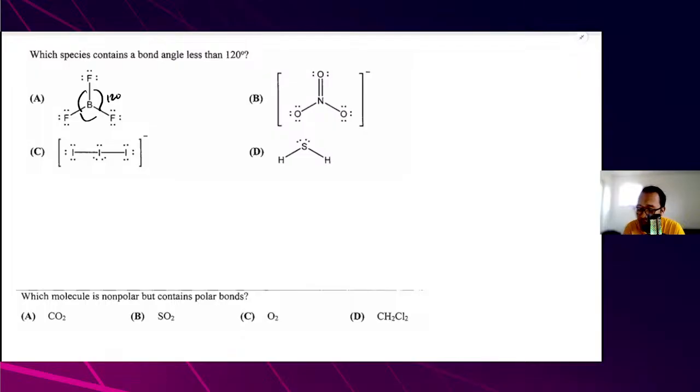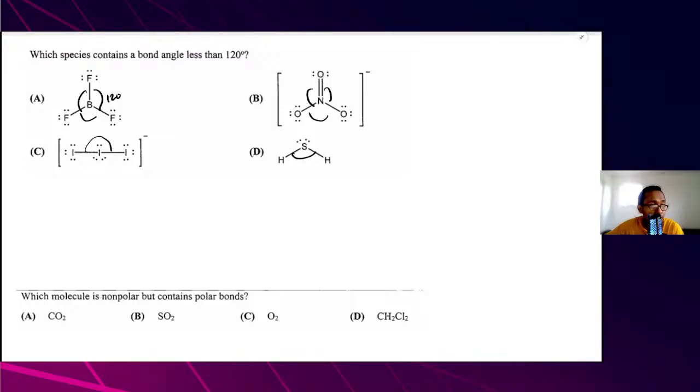This one is bent, right? And then this one would be more. And then how about this one? It should be D for the answer probably.